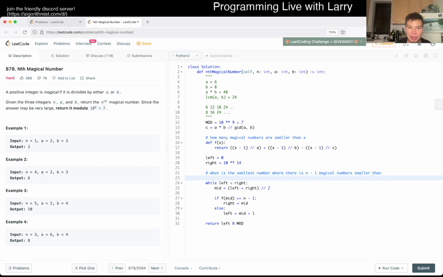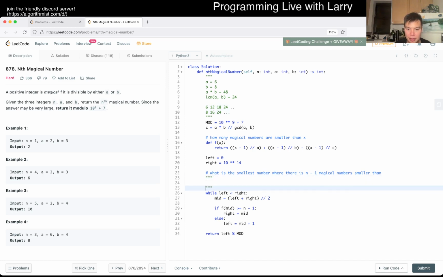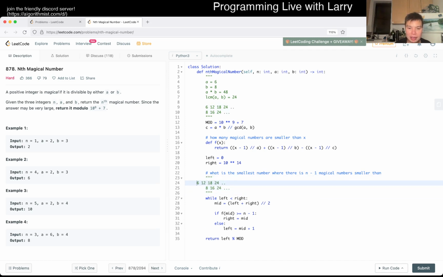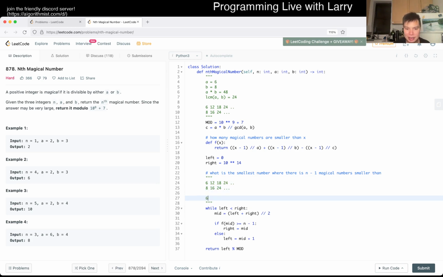Because, for example, let's say we go back to here. If we were here, let's just say we're looking for, I don't know, the 6th number or something, or even, doesn't matter, just the 5th or just the 2nd number. That means that we are asking for what is the smallest number in which there is one smaller magical number, right?